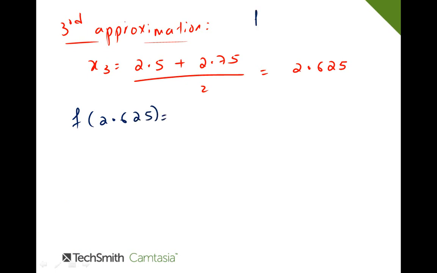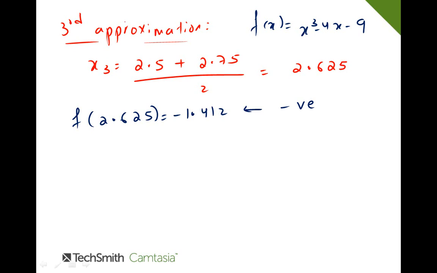Again, I'll remind you that f of x equals x cubed minus 4x minus 9. So please replace this value instead of each x found here. I'm waiting for you to use your calculators. Well, it's negative 1.412. So this value is negative.